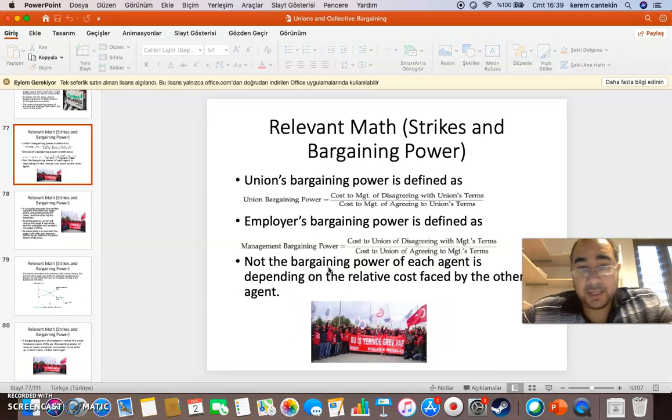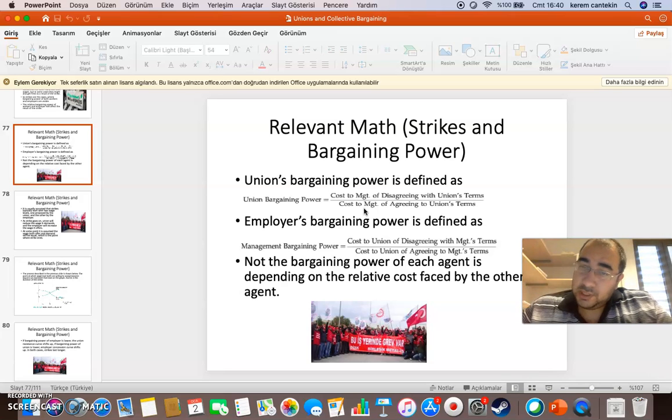So when we go back, you can see that the time when the union has a high bargaining power is the time when, for the management, the cost of disagreeing with the union terms is relatively high, and the cost of management agreeing with the union terms is relatively low. So if the cost of management agreeing with union terms is also high, in that case the union's bargaining power will fall down.